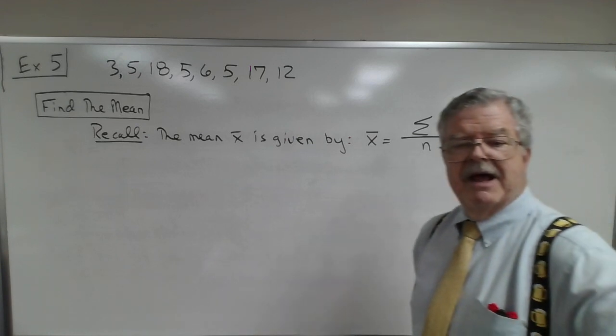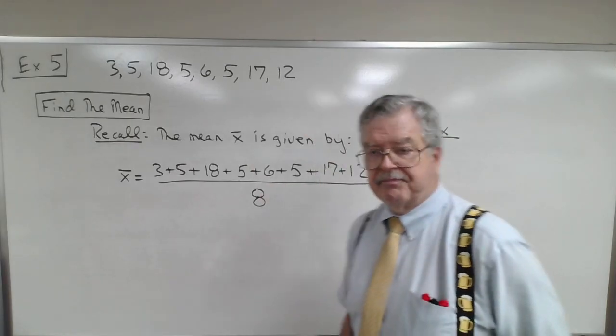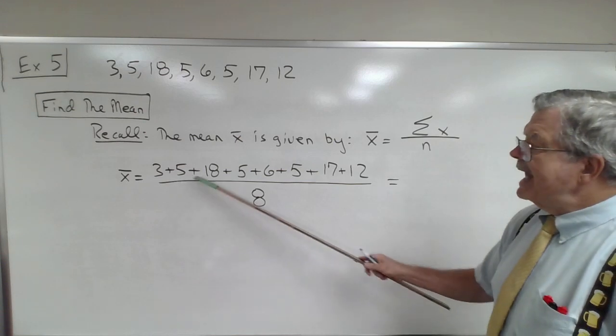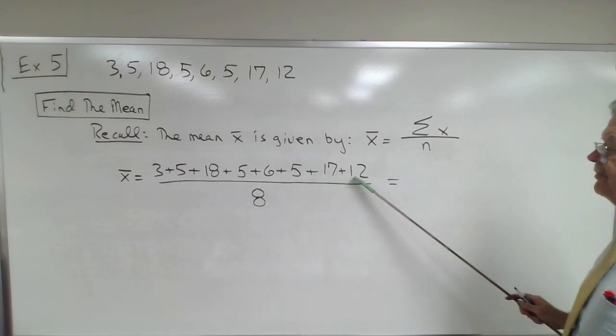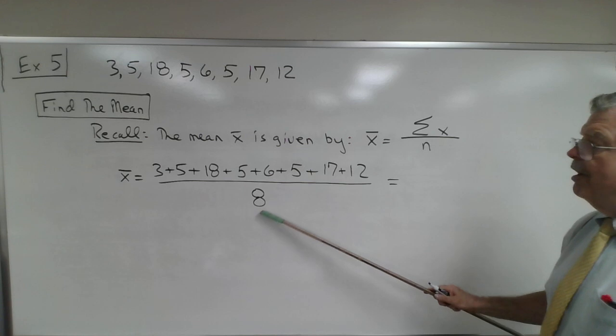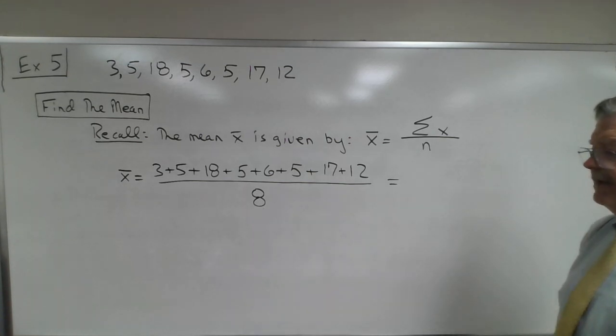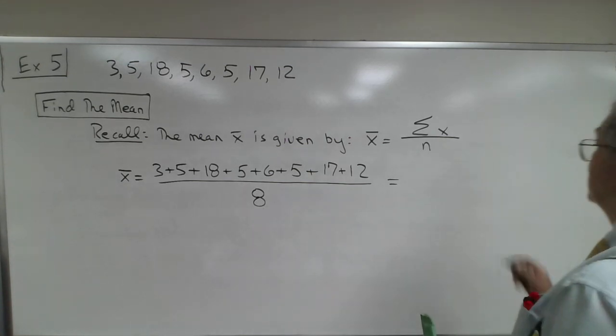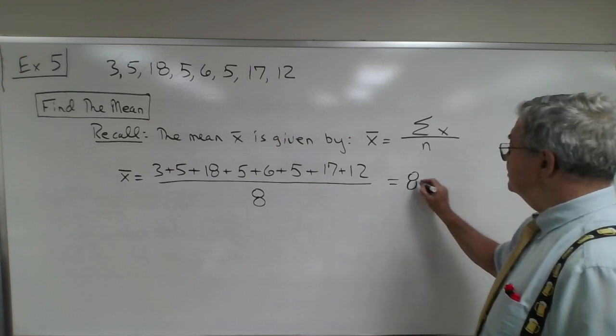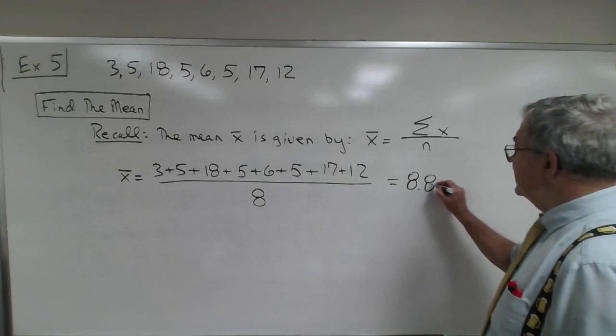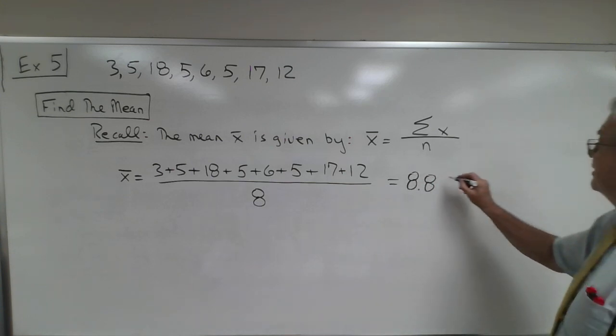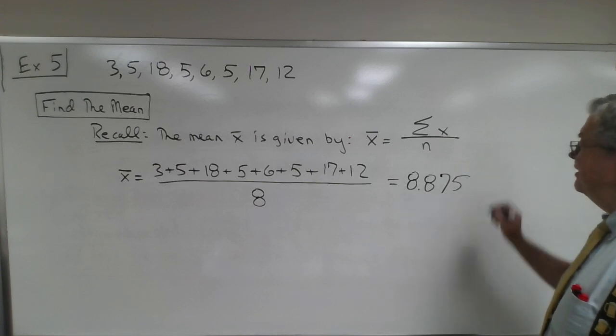So let me write that down. We add up all of our data values. We divide by the number of data values, which is 8. And when I punch that into my calculator, I get 8.875.